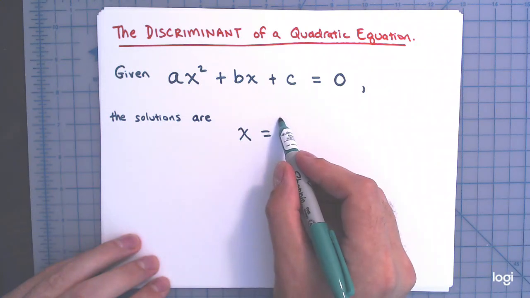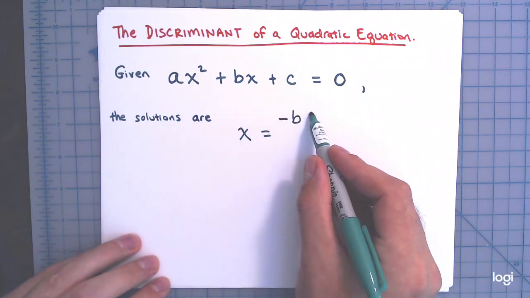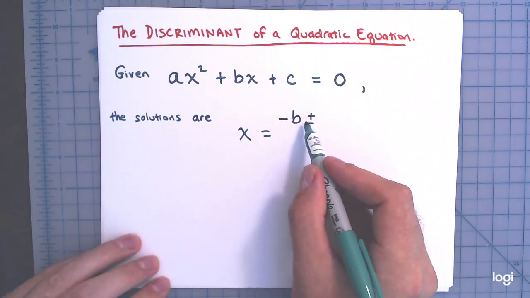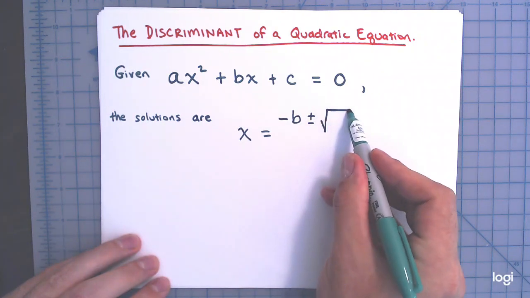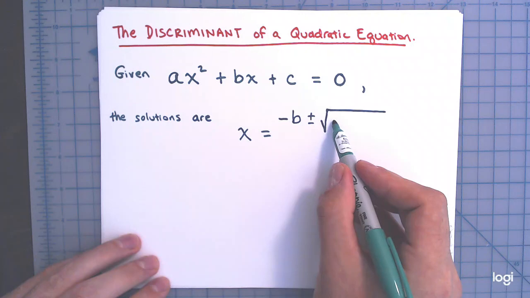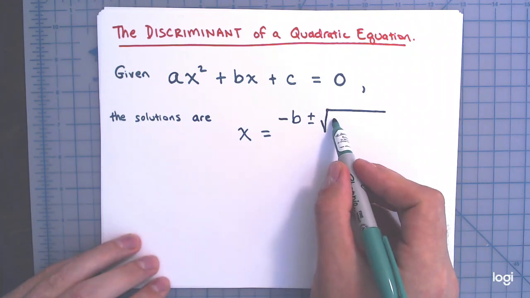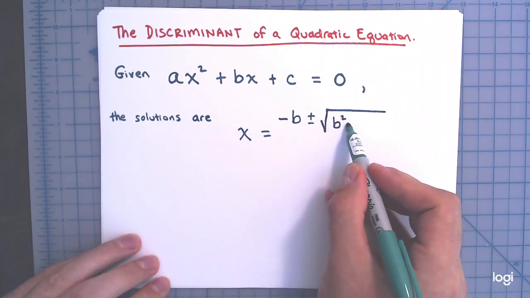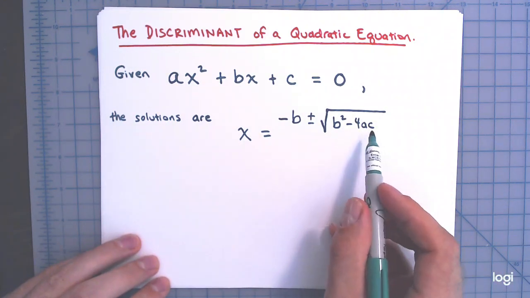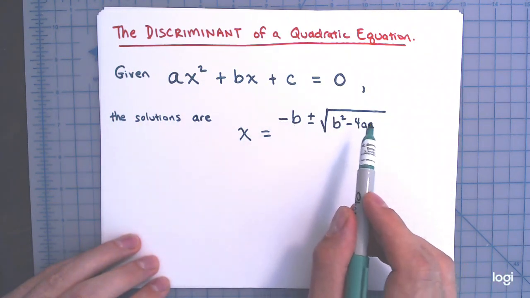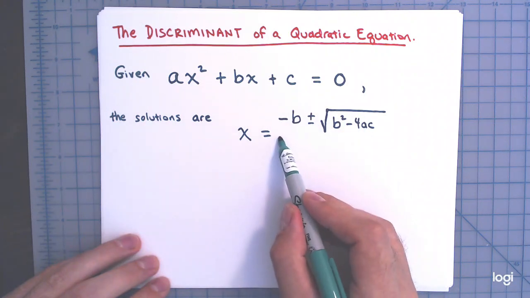It's the opposite of b, plus or minus, one with the plus, one with the minus. Then a radical, the square root, and inside that square root, b squared minus 4 times a times c, all inside the radical. And then everything I've just written is in the numerator.